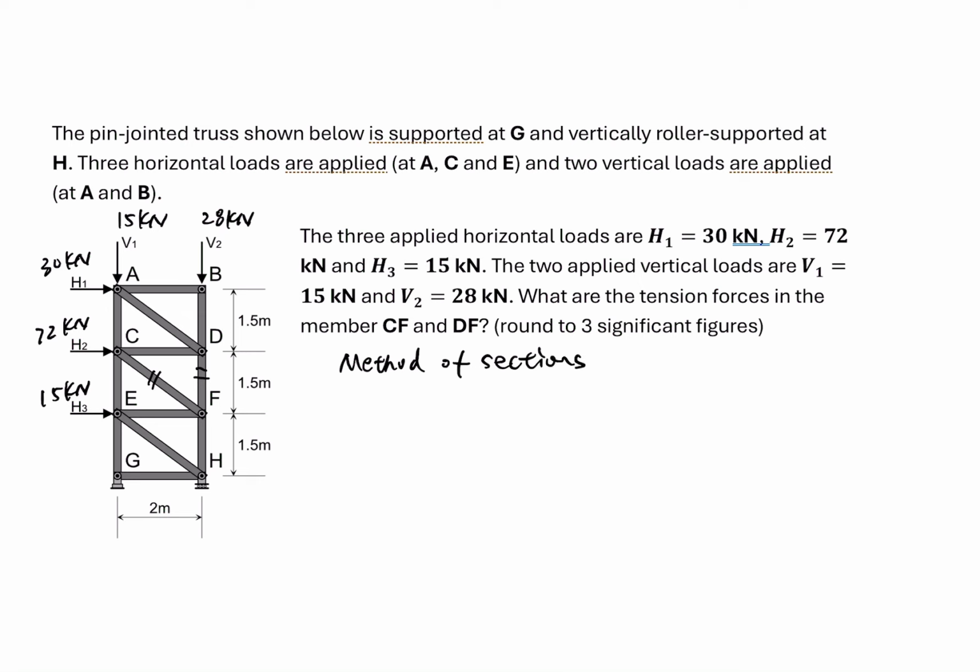To use the method of sections, first of all, we need to cut through the section. We need to cut the truss into two parts. Because we want to find CF and DF, we make a cut along CF, DF, and CE. After we make a cut, we have two choices to do analysis.